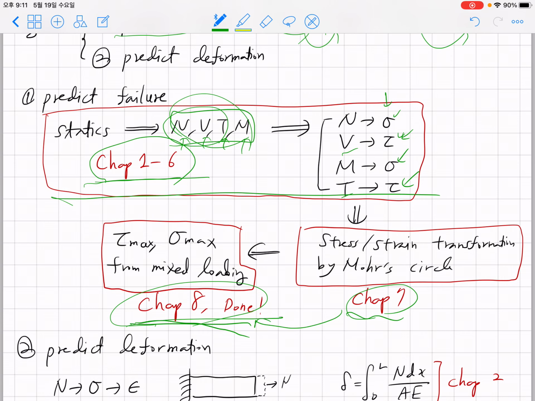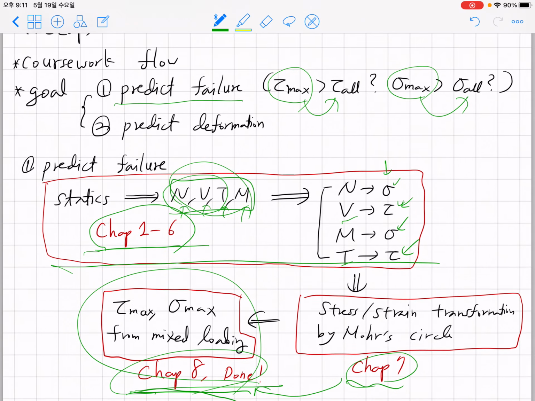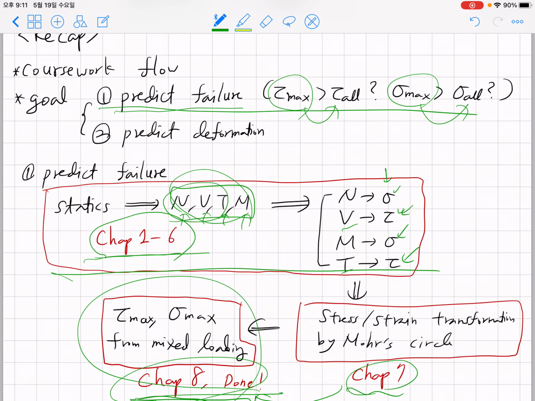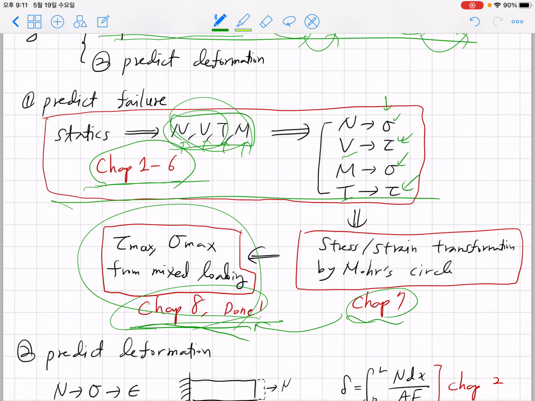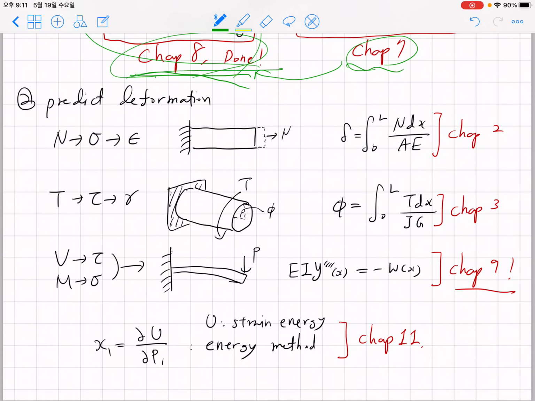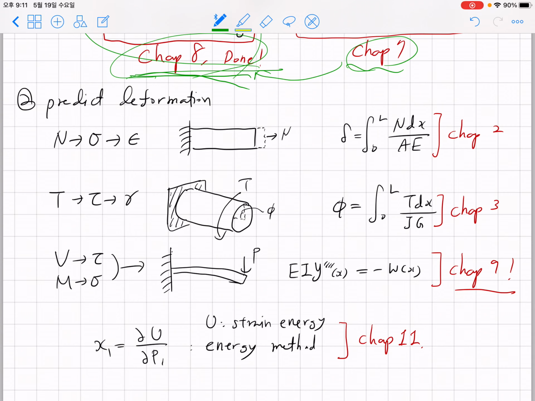Then with chapter 8, our first goal was done: predict the failure. And from today we'll move on to the second goal of this coursework ME231, which is to predict the deformation. Actually, we have done deformation and deflection prediction until now, little by little, under normal force.